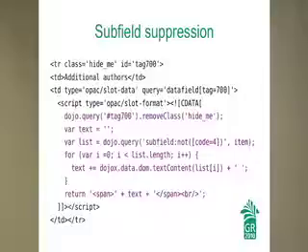I can say, okay, from within this entire node list, give me all the subfields that do not have a code equals 4, which is the subfield 4 type. And then I iterate over that list. So the list is another node list that's been returned. Iterate over the list and add in the text content of each of those subfields in order.